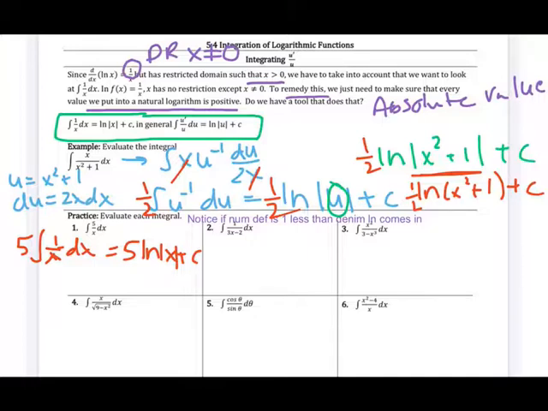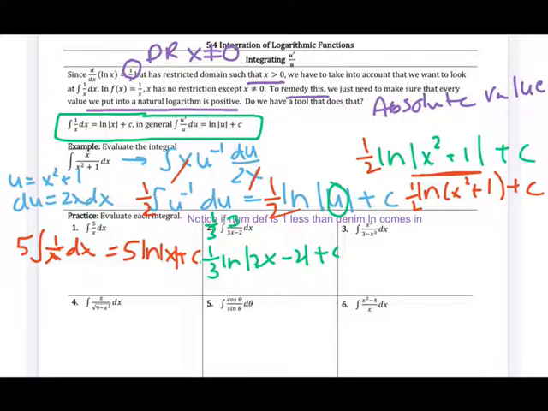If you think about the bottom of the fraction, the derivative of the bottom of the fraction is 3. So if I had a 3 up here in the numerator, I could just undo the chain rule and my life would be easier. And I can put a 3 there by putting a 1/3 in front. So now if I integrate this, this would become 1/3 times the natural log of the absolute value of 3x minus 2 plus c.